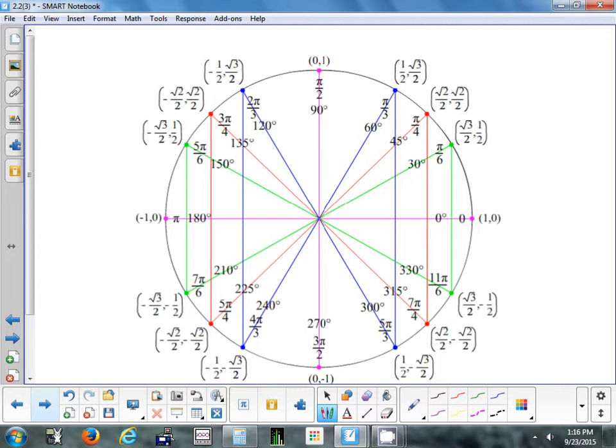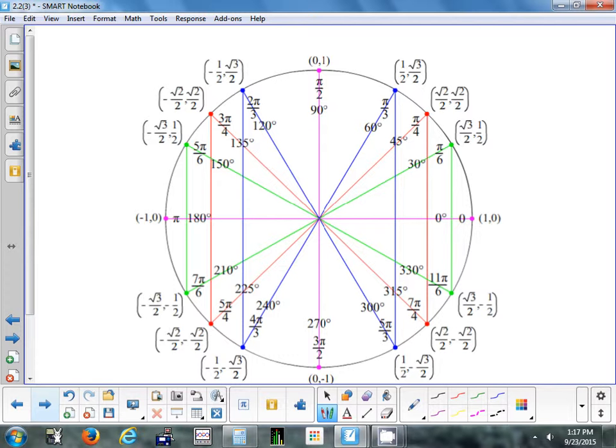That's the root 2 over 2. All the red triangles are root 2 over 2. Every one of them. The only difference is sometimes they're both negative, both positive, or one negative and one positive. All the green triangles, those are your 30s. Those are all root 3 over 2, 1/2. All of them. Except sometimes you've got one negative, or both negative.